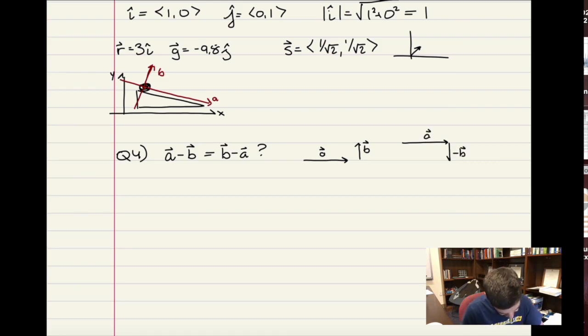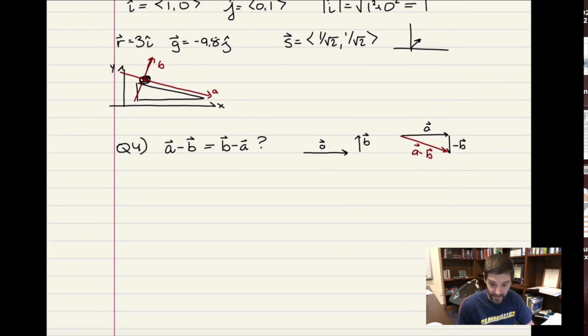This vector here is A minus B. Alternatively, if I want to do B minus A, I would first go up B, and then go in the direction of minus A, so I would go out like this, and the ultimate vector looks like this. The vectors in red are clearly not the same vector. So subtraction is not commutative.